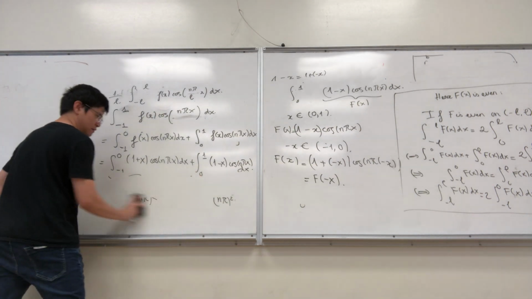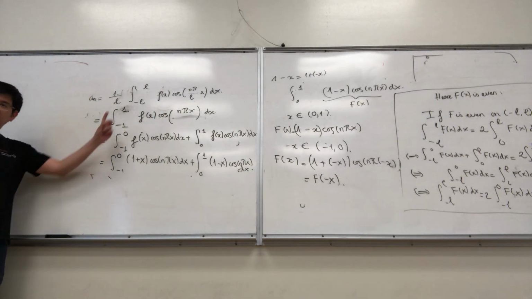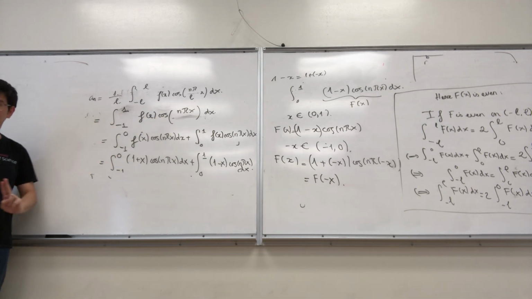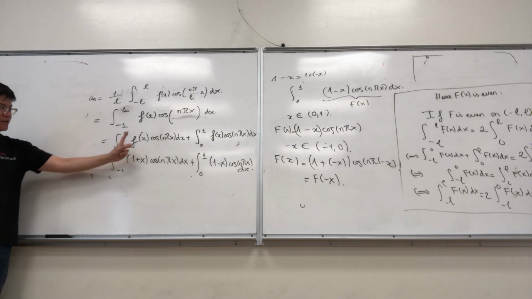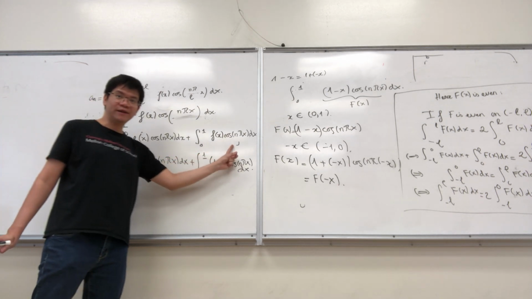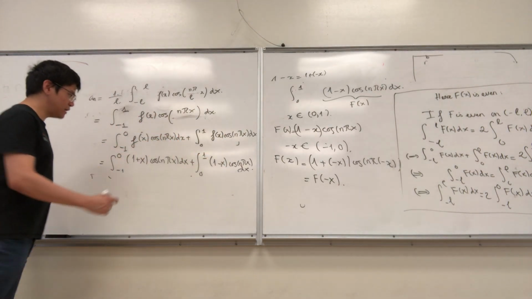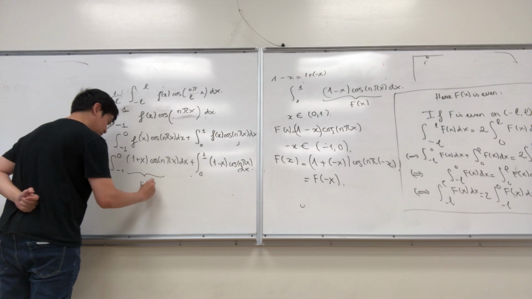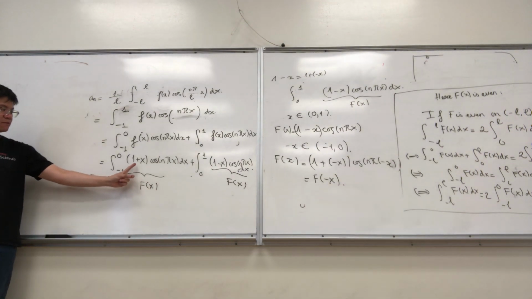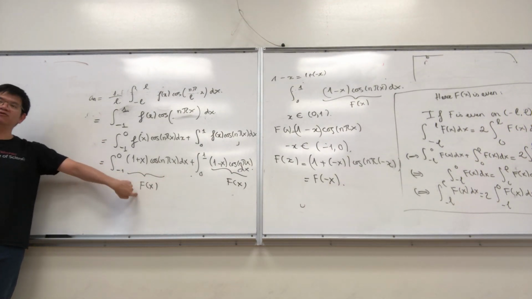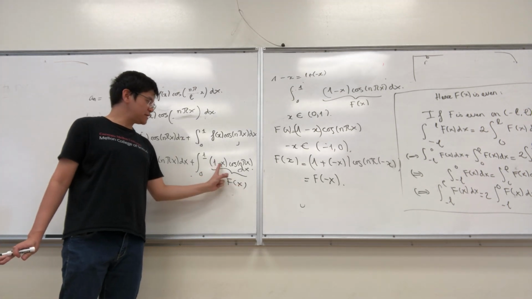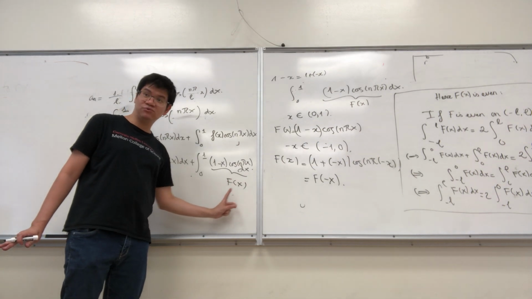So let me explain this whole thing again. Now we have to compute the integral from minus 1 to 1 of f(x) cosine n pi x, right? So here I'm going to split it into 2 intervals. The first one is from minus 1 to 0, and the second one is from 0 to 1. So I call this f(x), and I also call this f(x), right? So this f(x) will be (1 plus x) cosine n pi x on the negative interval, and it's going to be (1 minus x) cosine n pi x when it is from 0 to 1, right?